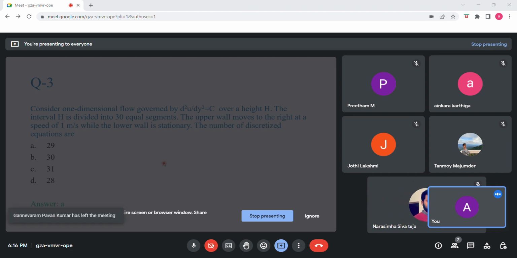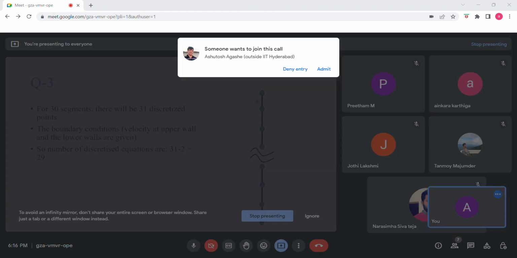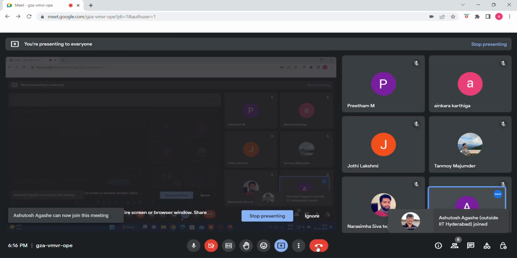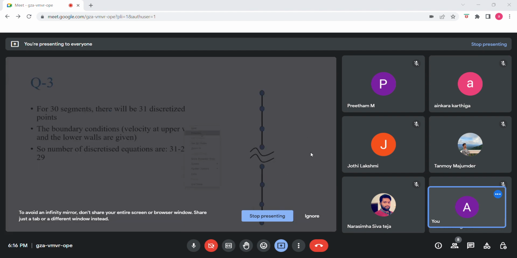So for this, consider this part of the system alone, where it is equally divided into 3 segments.